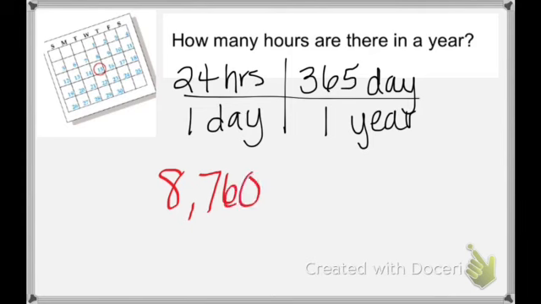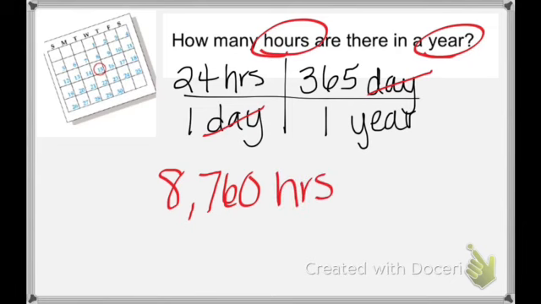Now, did our units cancel? Let's see, we wanted to end up with hours and years. Our days canceled off, and so we do have hours and years. So there are 8,760 hours per year, because 1 times 1 is 1.